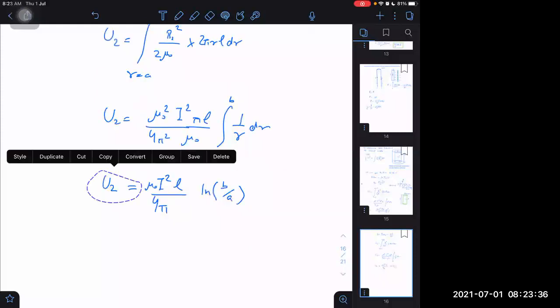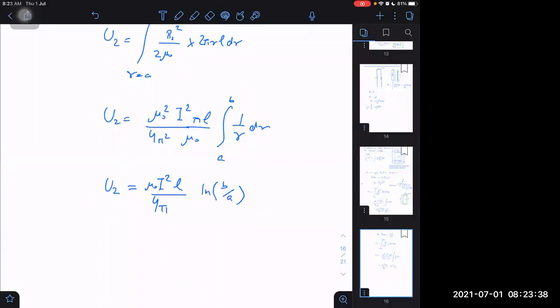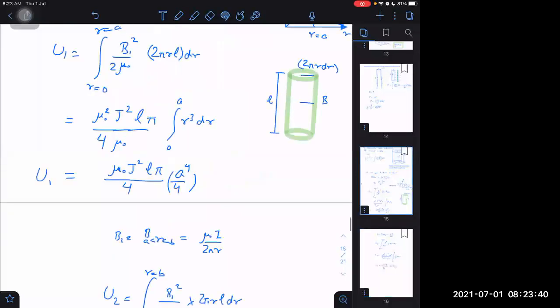U2 is there. What was U1? That also we have to check. I have to write U1 again in terms of I. So I can write J as I upon pi a square. Then it would become mu naught upon 4 pi will appear. Yes, pi will appear. And I square will appear and L will appear.